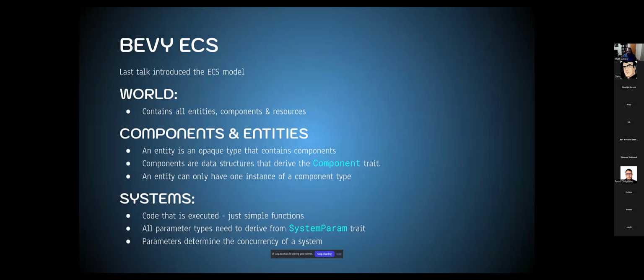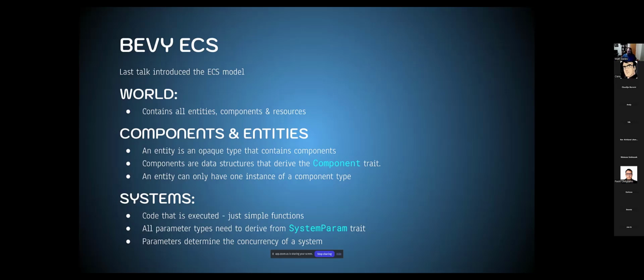An entity is just an opaque type that contains components, and components are data structures that derive the component trait. An entity can only have one instance of a component type. So you have a component structure called position. An entity can only have one instance of that position data inside it. This is because components and most stuff in Bevy is labeled or referenced by type.